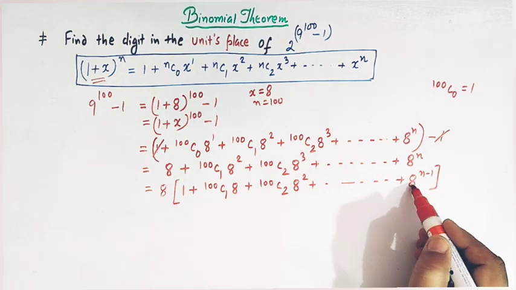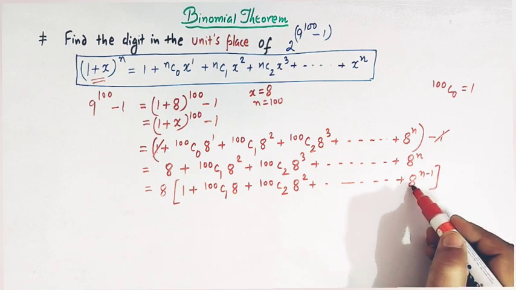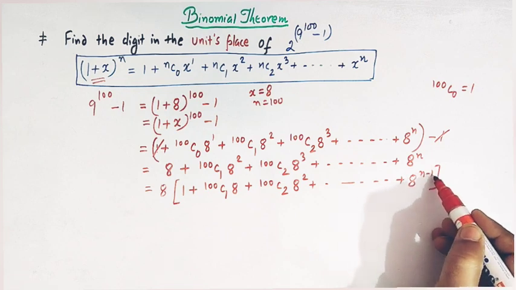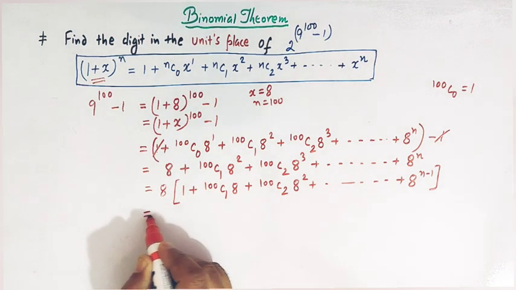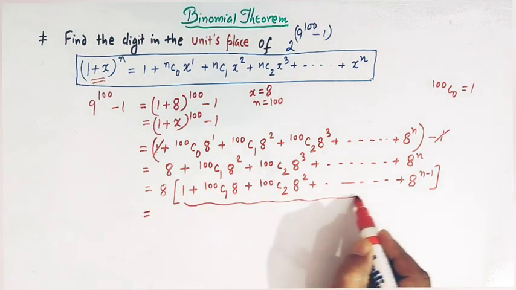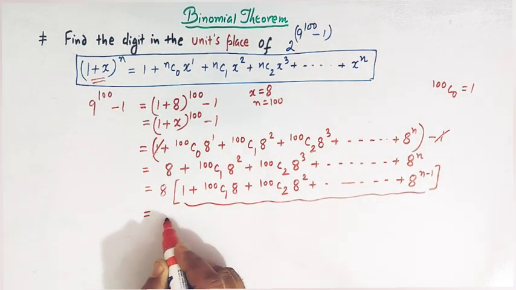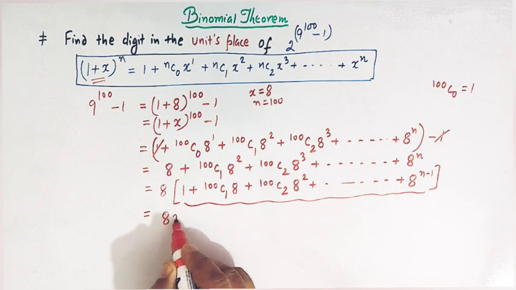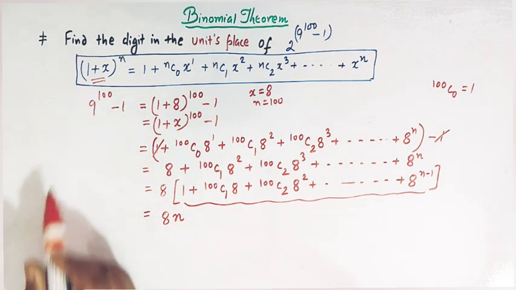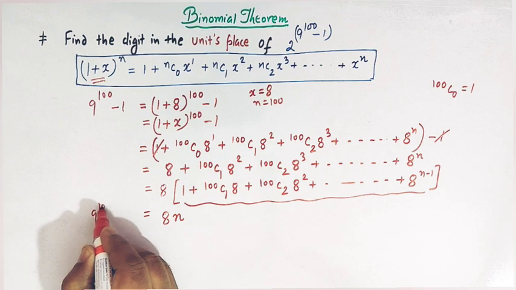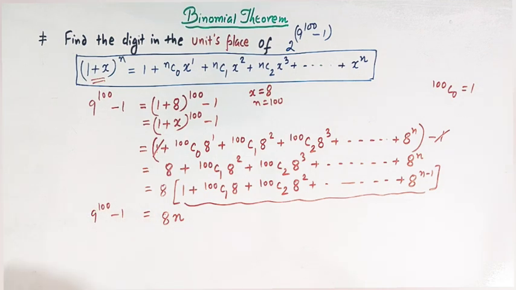To compensate for the one 8 taken out, we have raised 8 to the power n minus 1. Now this quantity can be represented by n, so we can write 9^100 minus 1 is equal to 8n.